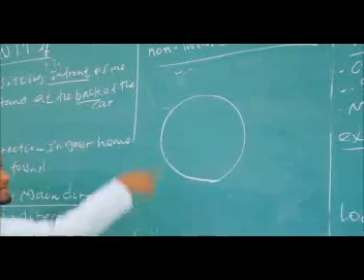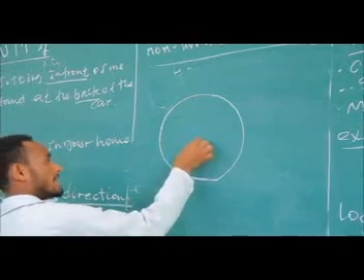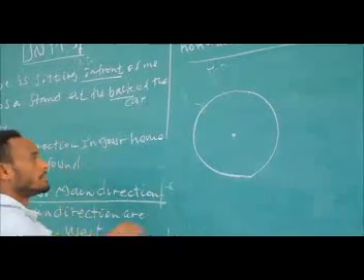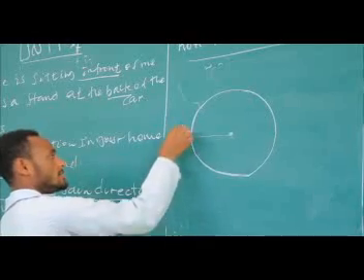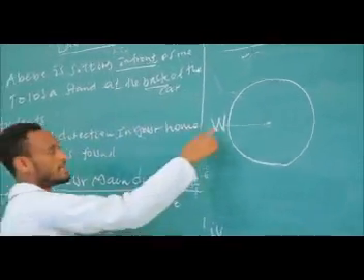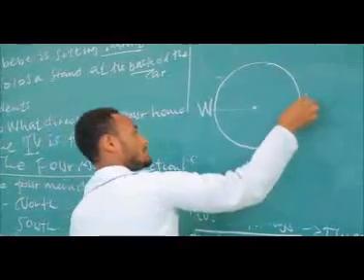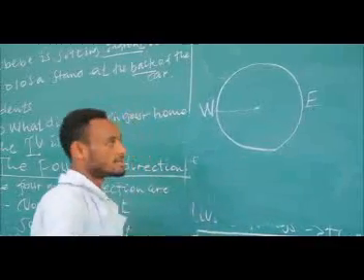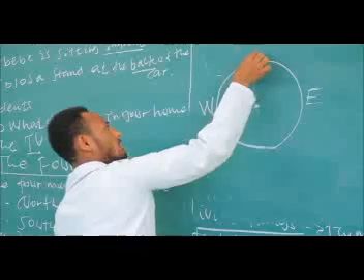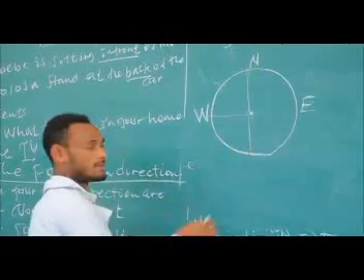Students, look at these circles. This is the central point. From the central point, this direction is called the west, spelled by W. And to the right direction, it is spelled by E, that is east. And this is called north, and this is called south.